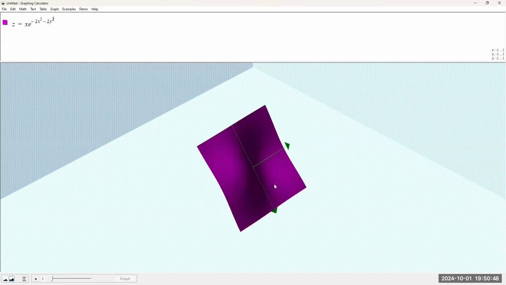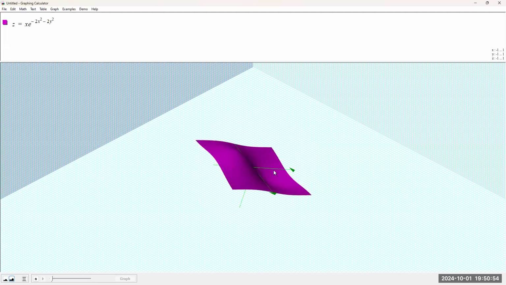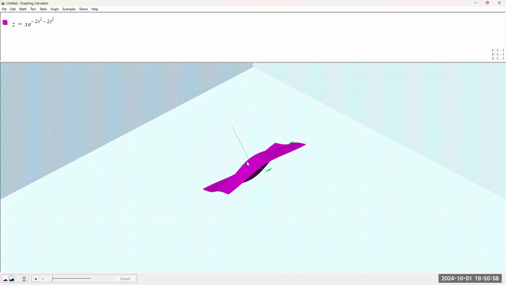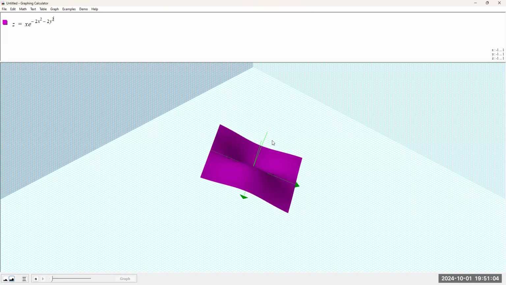Not really visible, huh? Oops, sorry. Yeah, I think this is a better view, but the other way around. Sorry, this is not nice. Yeah, I think this is a better view then.